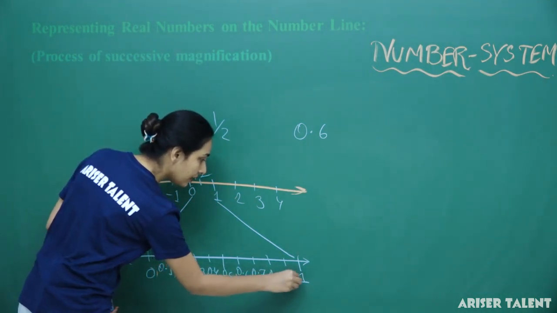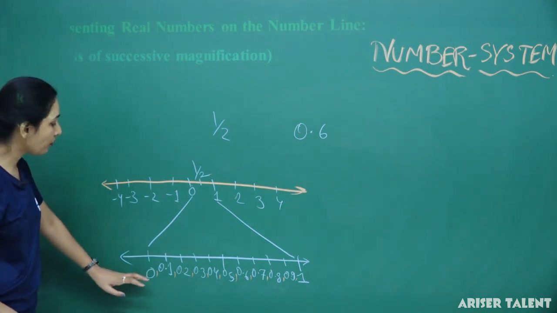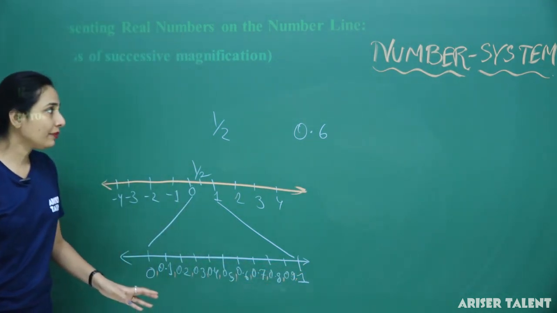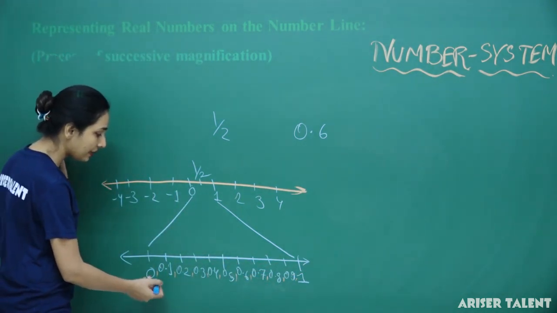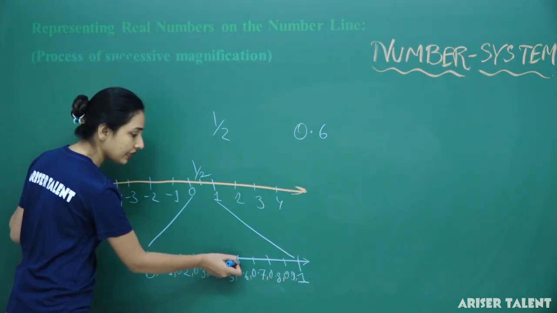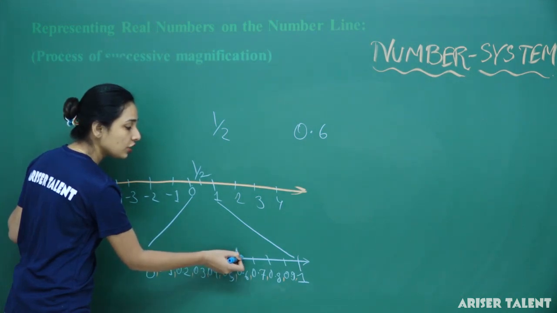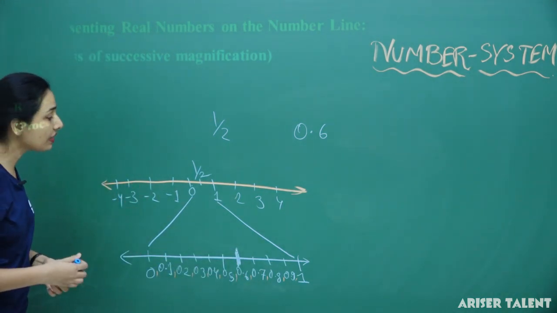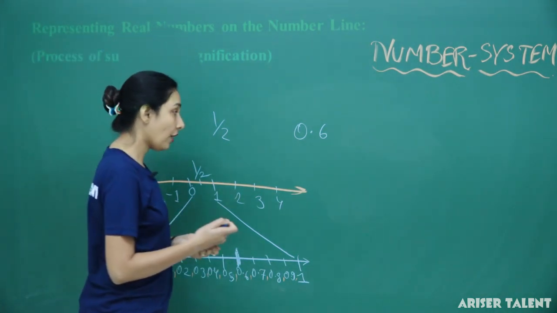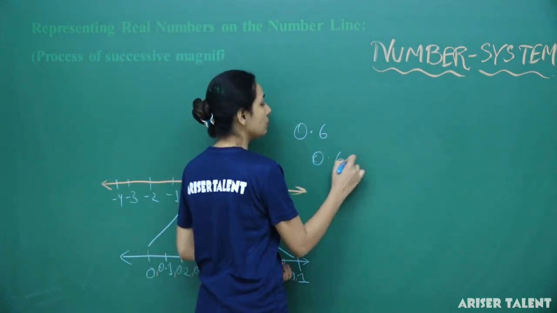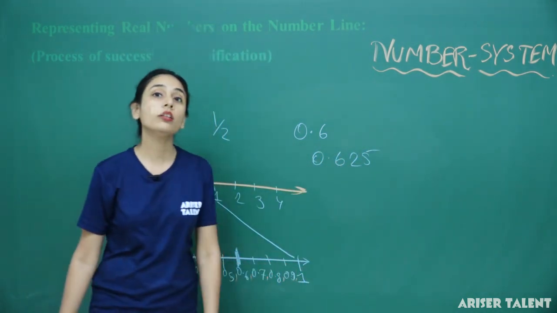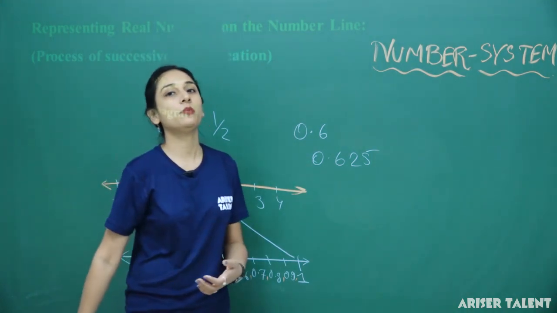Separate them so that you will not be confused. So this is from 0 to 1. Now what I am talking about is 0.6. You will say, ma'am, this is 0.6 here. So the number will lie on this point on the number line. Now suppose I have 0.625 to be drawn. What will be the procedure?